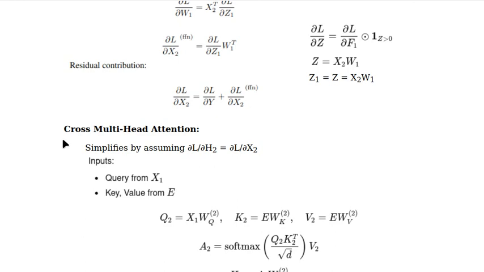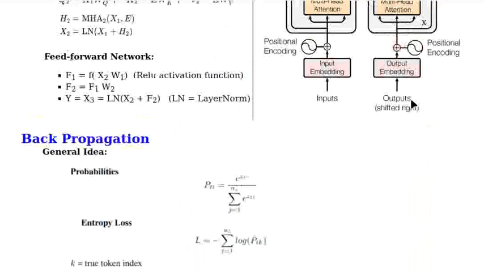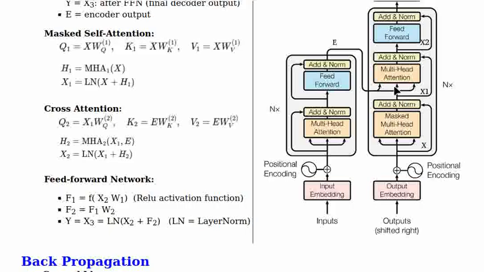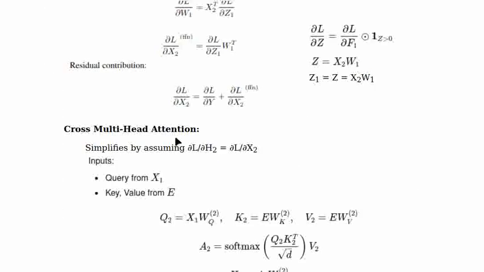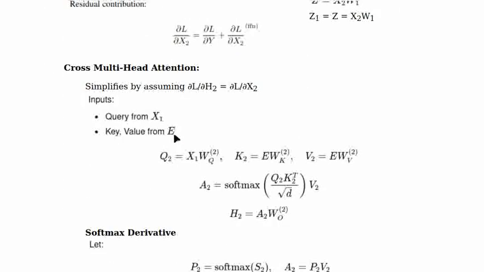Next is the cross multi-head attention. It is this block here, with inputs X1 and input E. So the queries are from X, and keys and values are from E. We can simplify the process by assuming dL/dX2 is equal to dL/dX2.